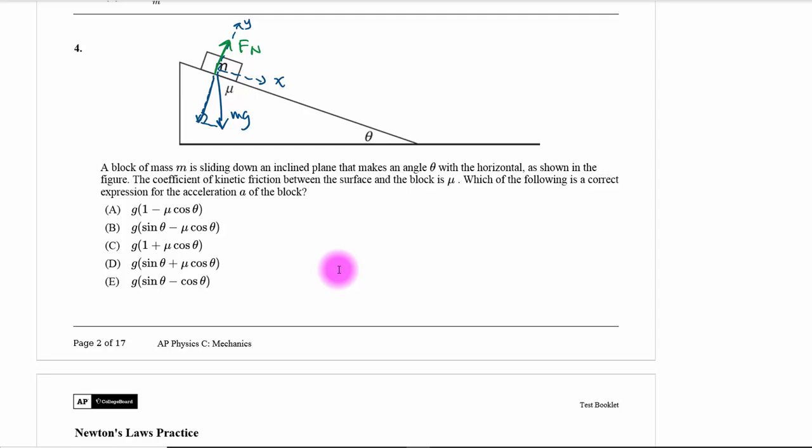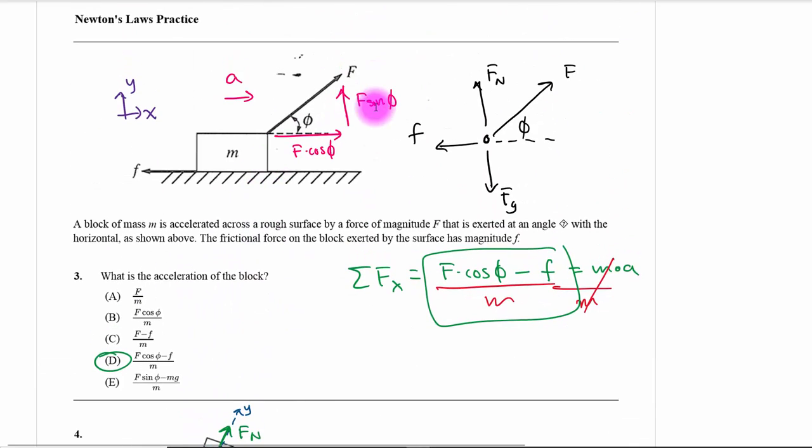Due to similar triangles, this little angle right there is theta. That's a memorization thing. You don't have to prove this every problem, but that's the angle theta. So the side adjacent to the angle theta would be mg cosine theta, and the side opposite would be mg sine theta. Remember, the sine component is the sliding component when you're on an incline, but only when you're on an incline. In the previous problem, sine is not the sliding component because you're not on an incline.